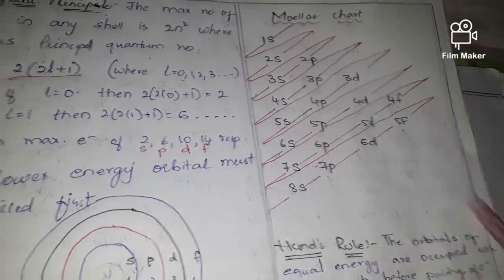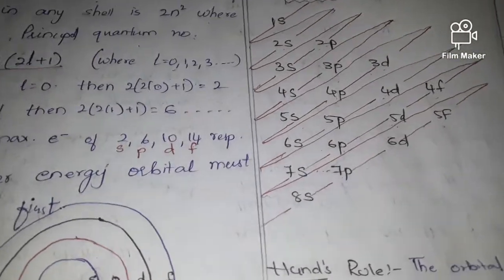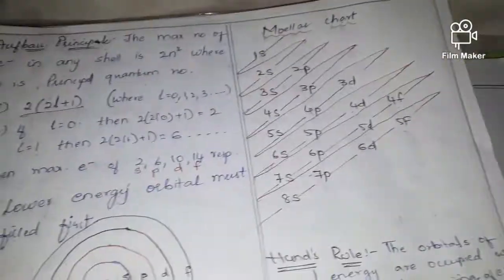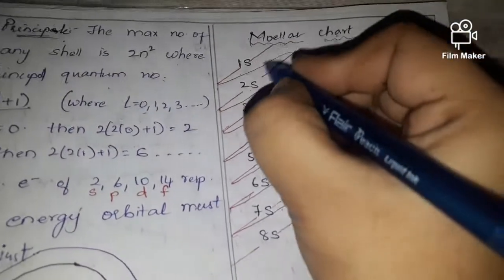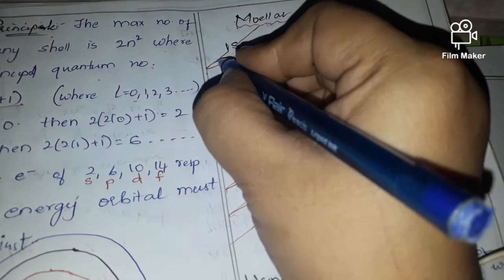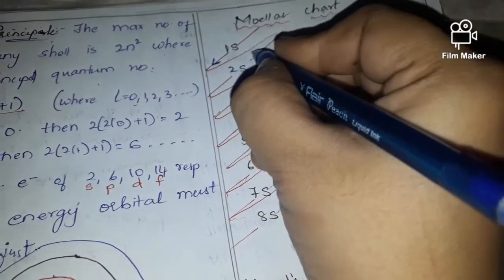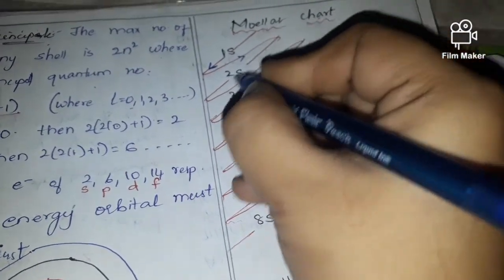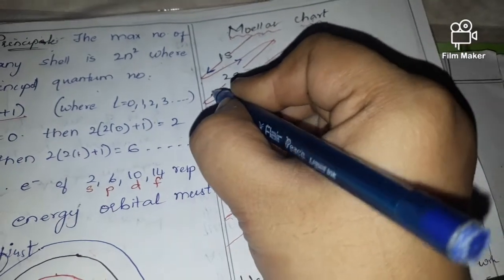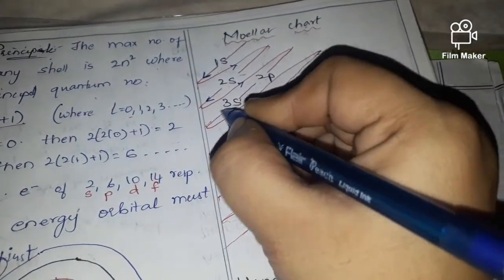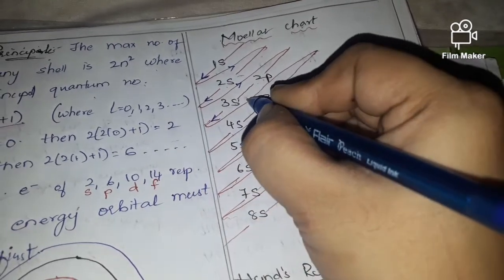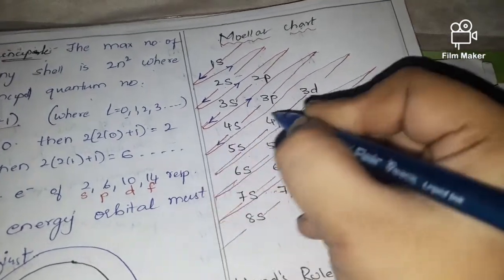Then how will you write the lower energy orbitals? First you fill the electrons in 1s. Then come back and fill 2s. After filling 2s, go with 2p. After filling 2p, fill 3s. Then 3p, 4s.